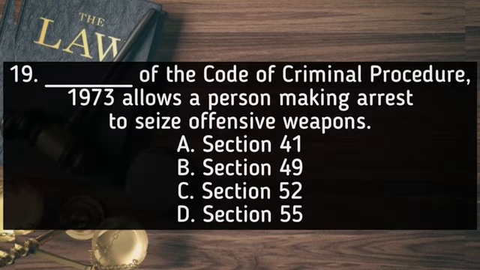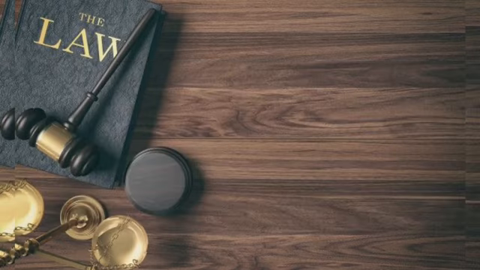Question 19 says, dash of the Code of Criminal Procedure 1973 allows a person making an arrest to seize offensive weapons, and our options are Section 41, Section 49, Section 52 or Section 55. And the answer of this question is option C, Section 52.